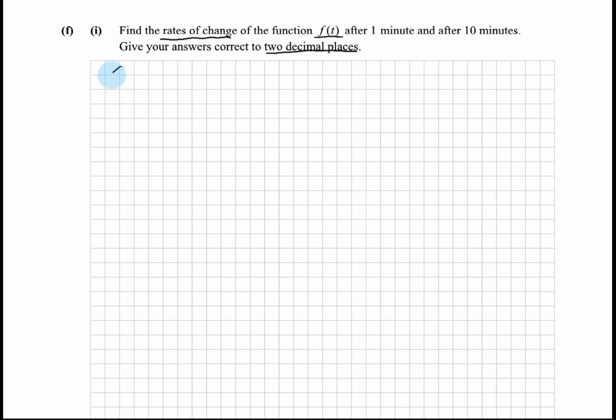So we know that f of t is equal to 77 e to the minus 0.0339 t. So whenever we want to get the rate of change of a function, we always do f dash t, to show differentiation.